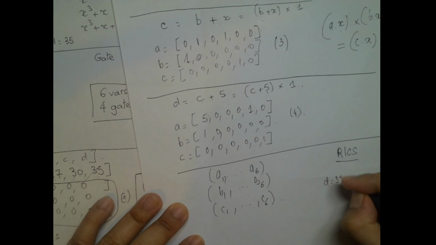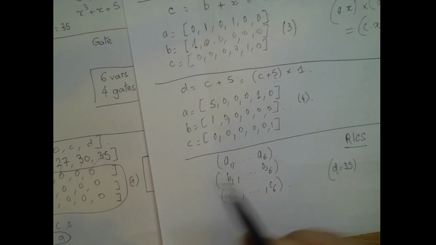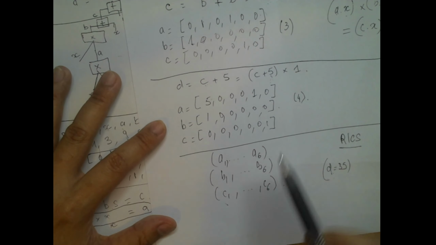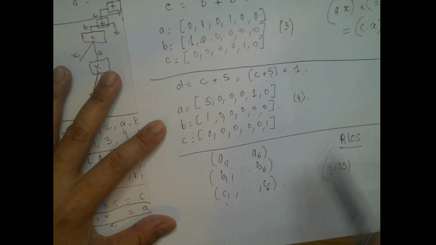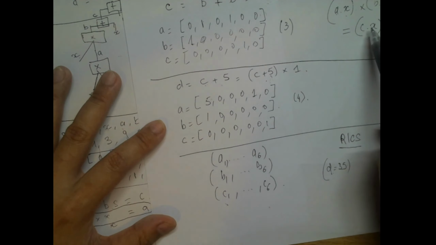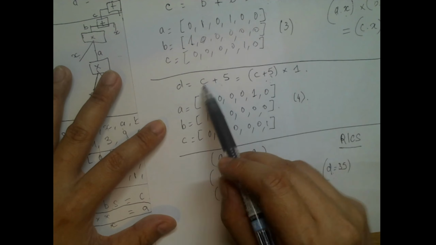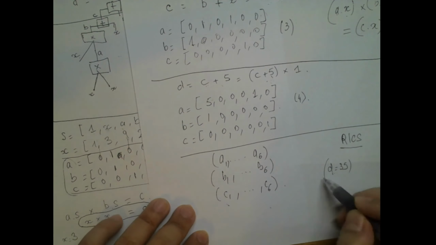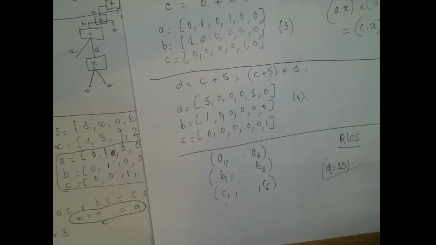But actually, I will start omitting it, because you can say that this constraint here can be injected inside the same stuff here by saying that there's one more constraint which is gonna lift the wire D, and then is gonna say that D equals 35. Right, so this looks really similar to this one. So for simplicity, I'm gonna ignore this one later. So this is the R1CS.